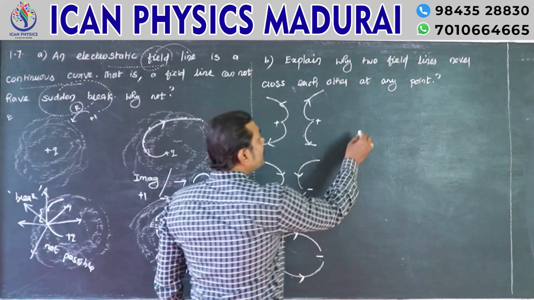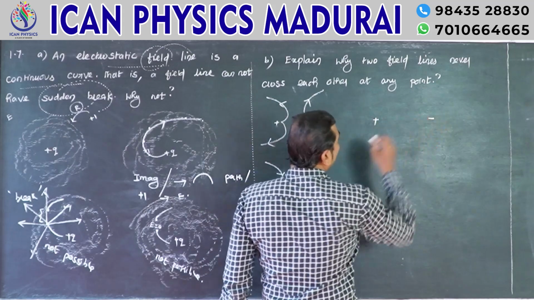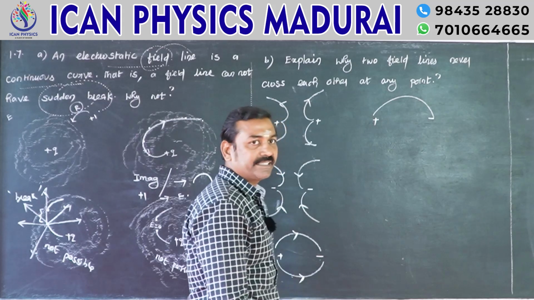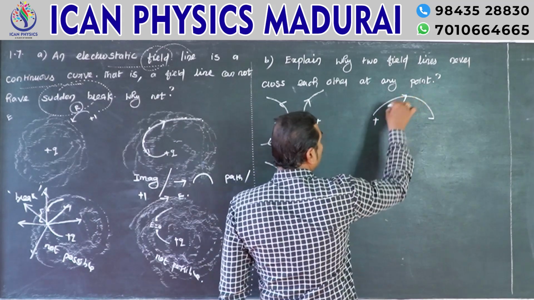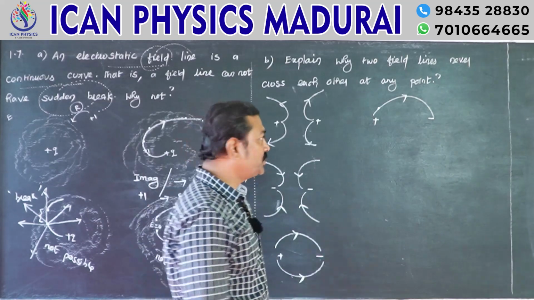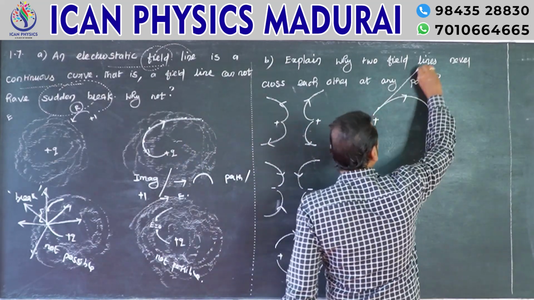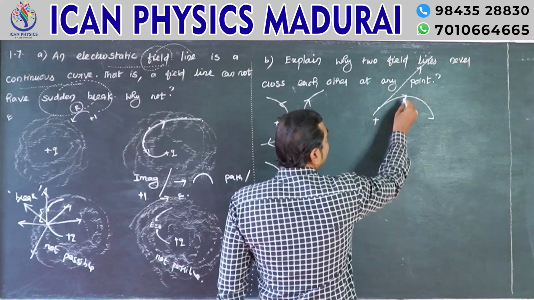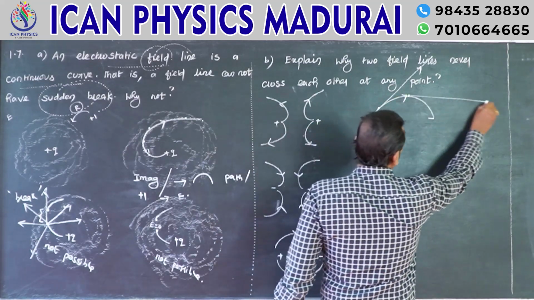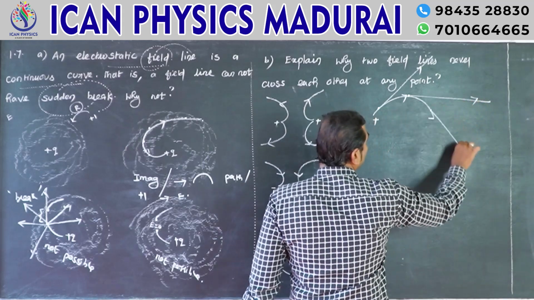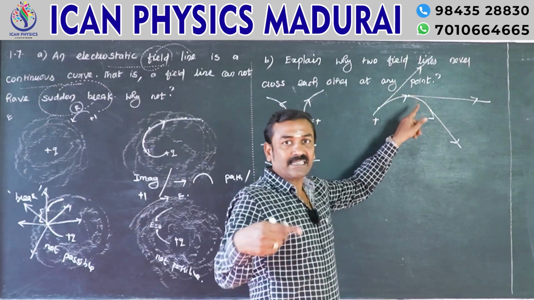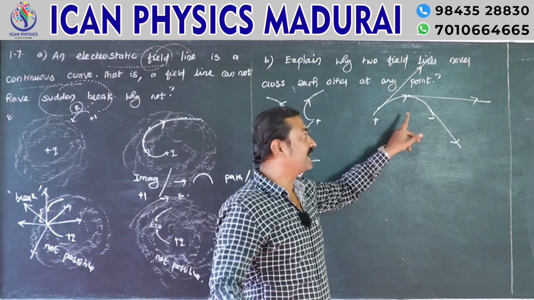The second one. Let us consider a positive charge and a negative charge. Electric field lines start from the positive charge and terminate at the negative charge. Now at this point, I want to draw a tangent. So the tangent may go like this. This is the third property of electric field lines.